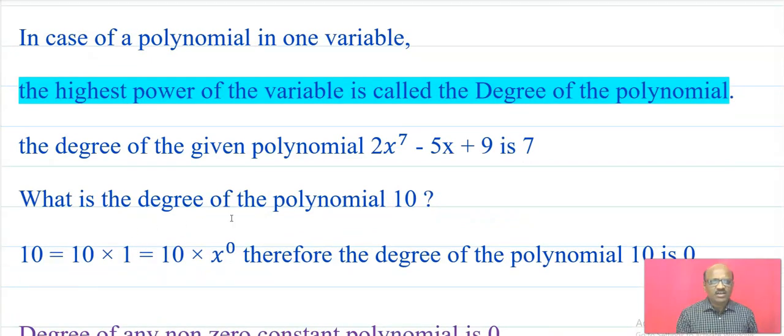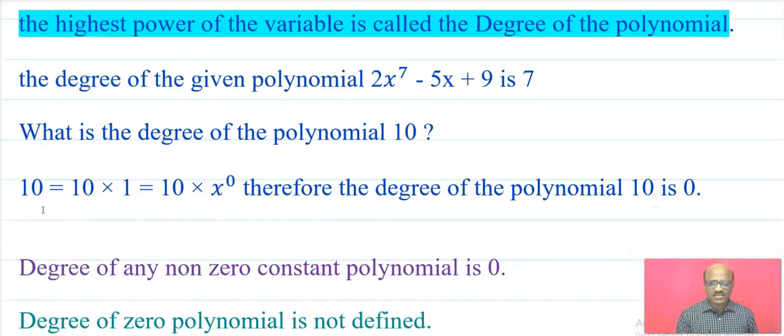What is the degree of the polynomial 10? Now 10 is a constant number and it can be written as 10 into 1, where 1 is x raised to 0. Any non-zero number raised to 0 has the value 1. Then what is the exponent of this x?